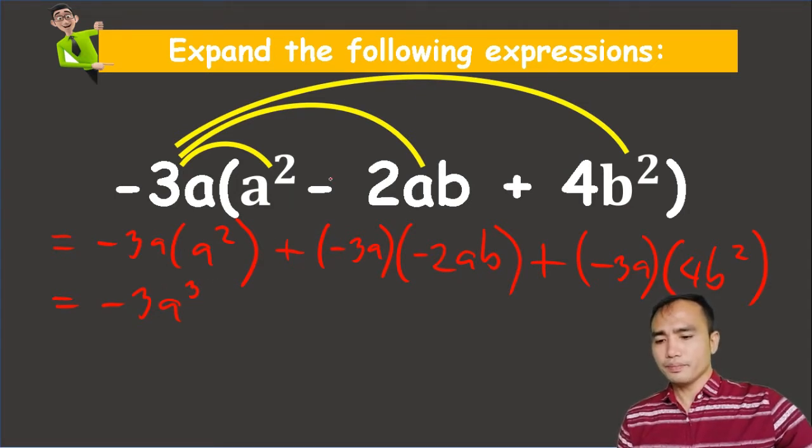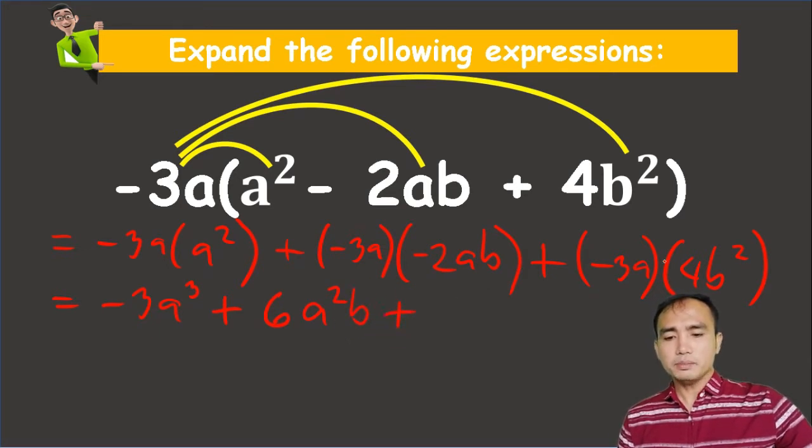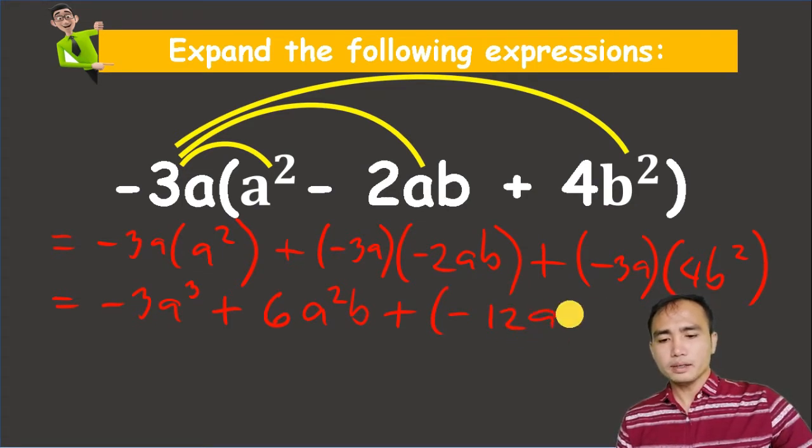And then plus negative 3a times negative 2ab is equal to positive, because negative times negative is positive. So 3 times 2 is 6, and a times a is a squared, copy b. And then plus negative 3a times 4b squared is equal to negative 12ab squared.